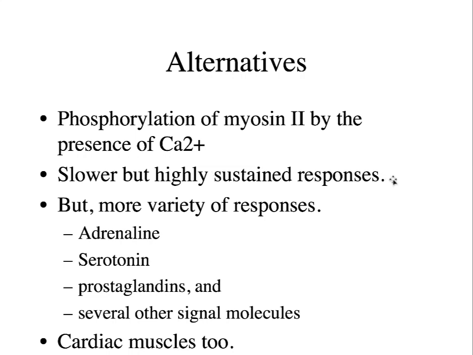So we can imagine that your bladder, the sphincter in your bladder, can stay constricted for hours at a time, preventing urine from leaking out. But when it's necessary to urinate, the muscles in the sphincter can be relaxed, therefore leading to a dilation of that particular tube.